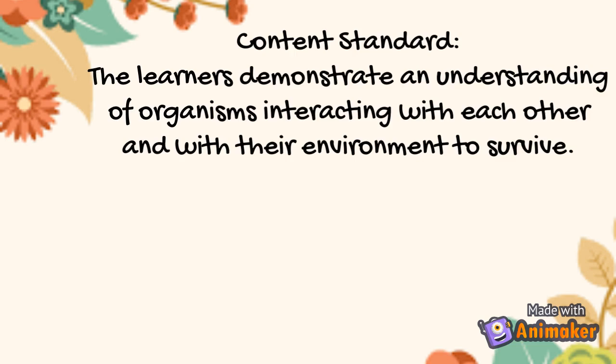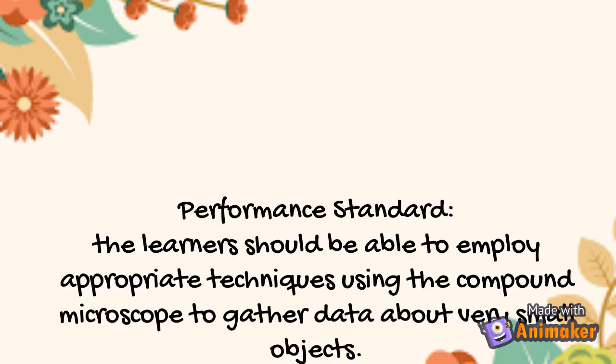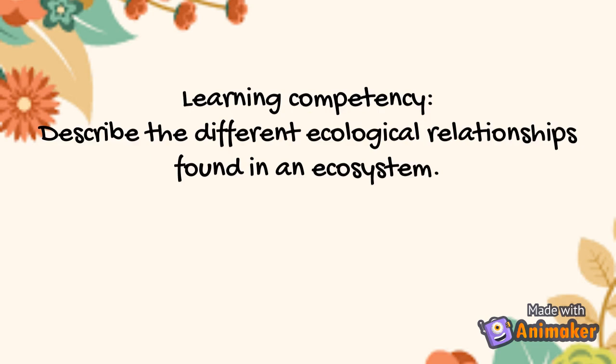Performance standard. The learners should be able to employ appropriate techniques using the compound microscope to gather data about very small objects. Learning competency. Describe the different ecological relationships found in an ecosystem.